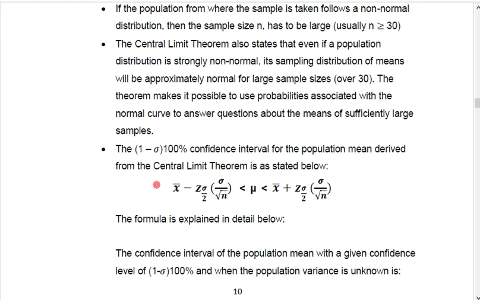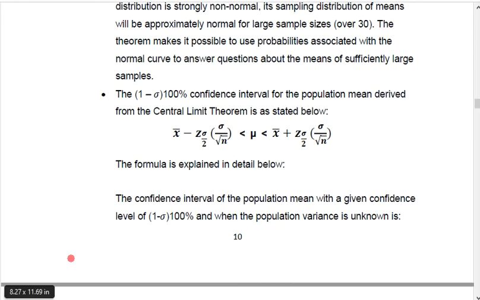So we have here the sample mean minus Z sub A over 2 or the alpha over 2 multiplied by standard deviation over the square root of n less than the population mean less than the sample mean plus z sub a over 2 or alpha over 2, okay, multiplied by the standard deviation over the square root of n.